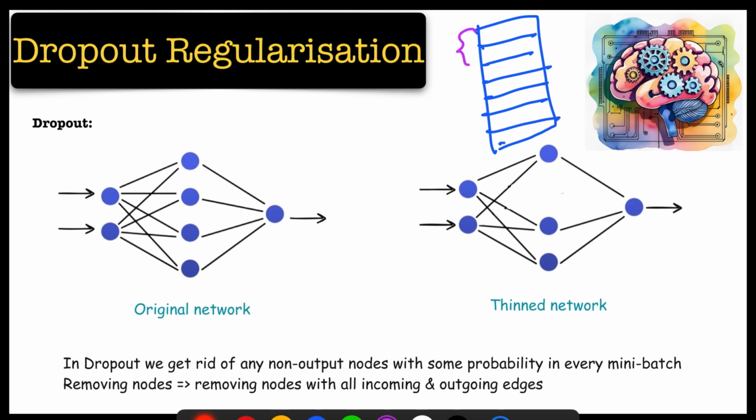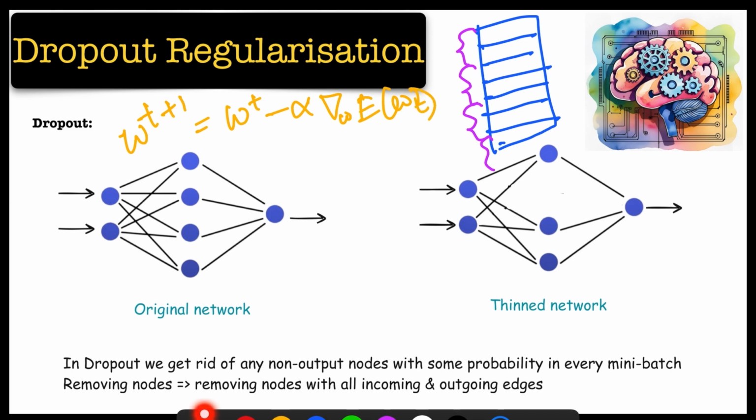We divide the data into multiple mini batches, and in each iteration, we update the weights for one mini batch. This update is the gradient update in gradient descent: W(t+1) is Wt minus alpha times the gradient of the error. We do this update for each mini batch.